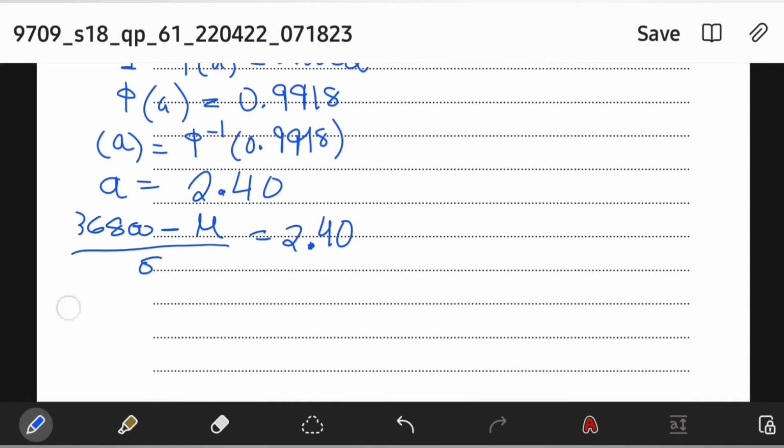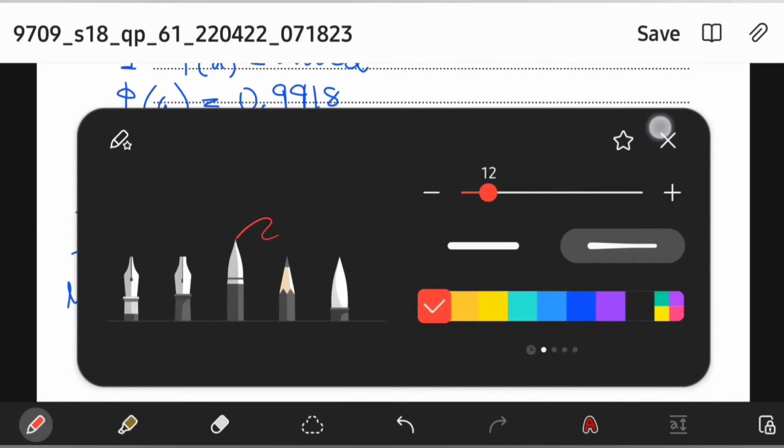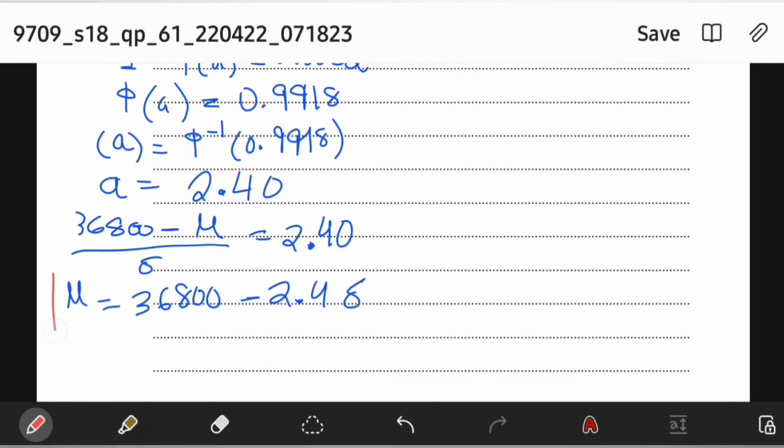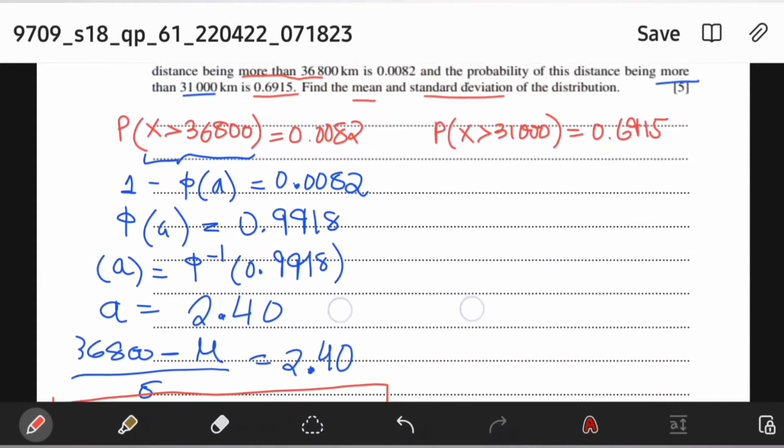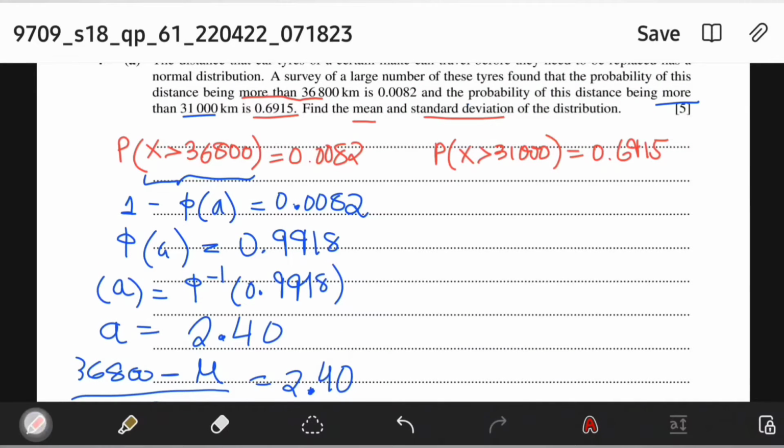Now, make mean the subject. Right? So this here is our first equation. Let's do the same procedure for this second equation as well.